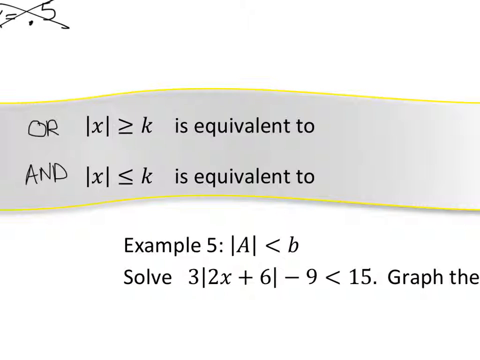Alright, now, when it is or, here's the process you follow. Remember how yesterday we split it into 2, so we're going to do that. And the first one, we just took it out of absolute value and wrote it how it was. That's what we're doing with or for the first one, actually for and as well. So the first one looks like this.